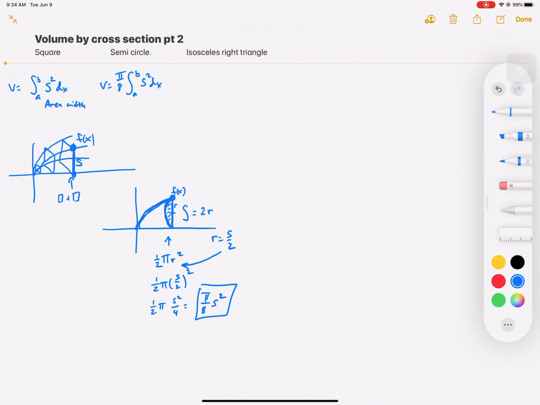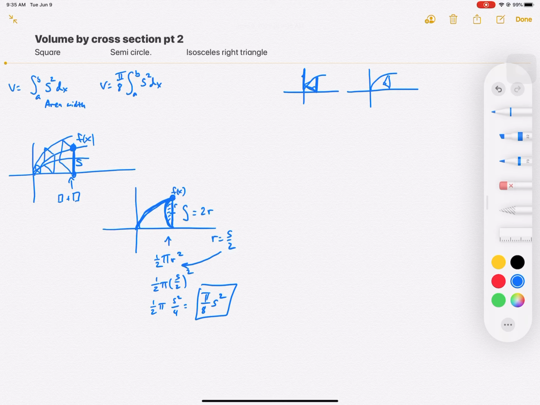For the isosceles right triangle, we had 2 types. One was sitting on its leg, so the right angle coming up. And the other one was sitting on its hypotenuse. So we had 2 different versions here, depending on which way the problem throws you.